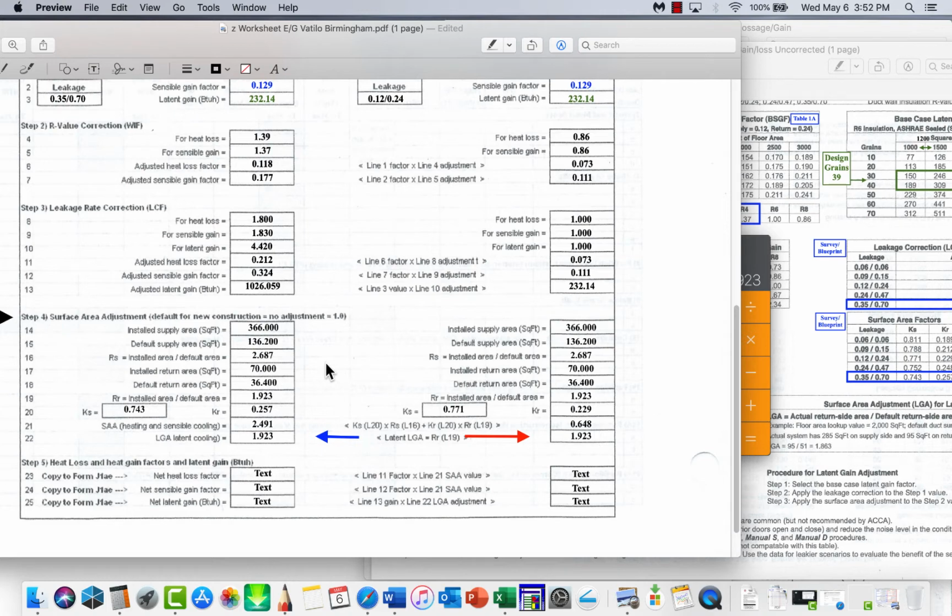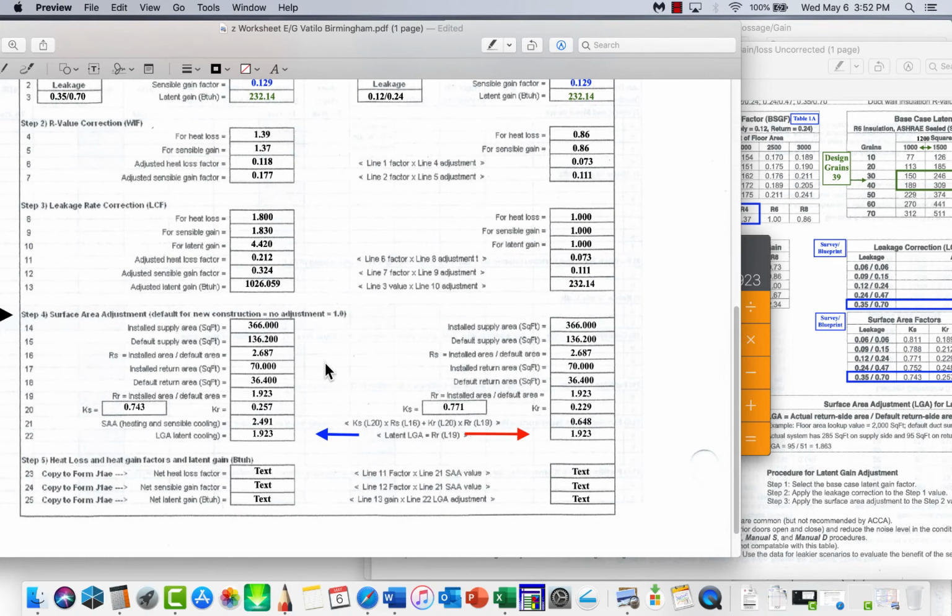Our final thing that we have to do is figure out the last step of this, which is basically just following our commands right down here and transposing them over to our J1ae. So let me make that a little bit smaller because that's going to get in the way if we don't. There we go. So line 11 factor times line 21.